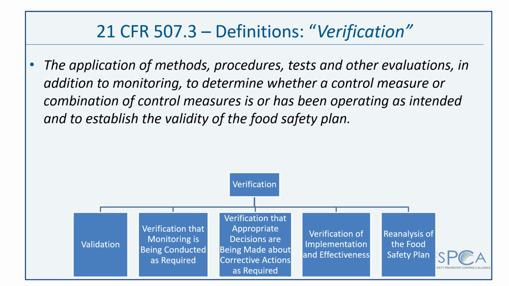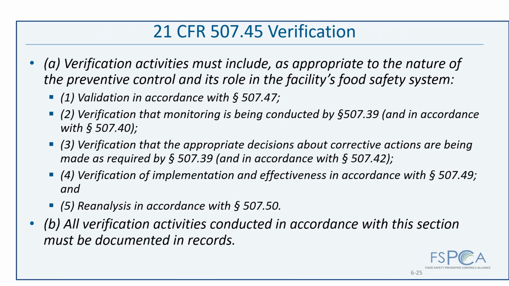You can do validation before you even own a food facility, and the other verification activities are all after the fact, after you've implemented the preventive controls, and now you need to make sure they're being done correctly and are still working correctly. Okay, so that was a lot, just a little preview of where we're going with this, but we'll work through all of this through these next couple of slides.